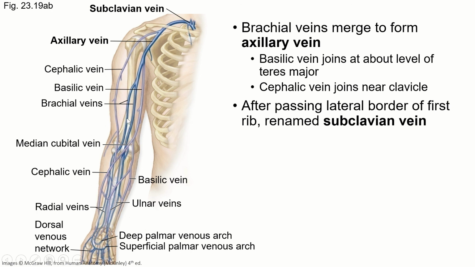The brachial veins here and here go up either side of the humerus, fuse together into one brachial vein that then fuses with that basilic vein to become the axillary vein. The cephalic vein also runs all the way up the lateral side of the arm, and after the brachial veins merge, they form the axillary. After the cephalic vein fuses with the axillary vein, it then becomes the subclavian vein, and it goes, look, under the clavicle.